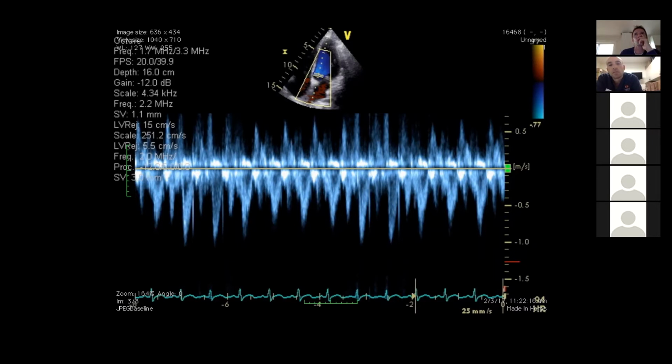So we've got a maximum velocity anywhere between 1 and maybe 0.6 there, and so the question is, is it that the stroke volume is actually varying with respiration, which might indicate inadequate preload, or possibly ventricular interdependence.